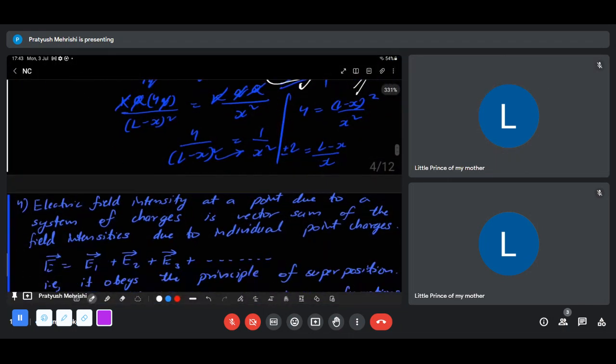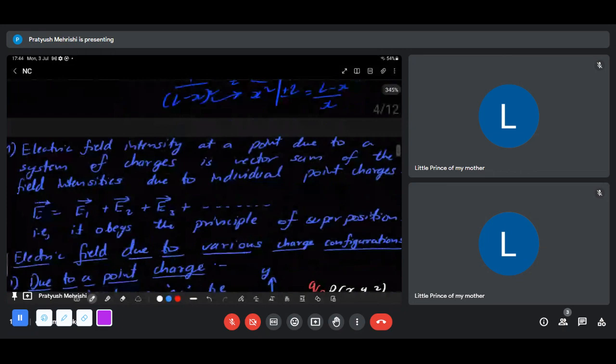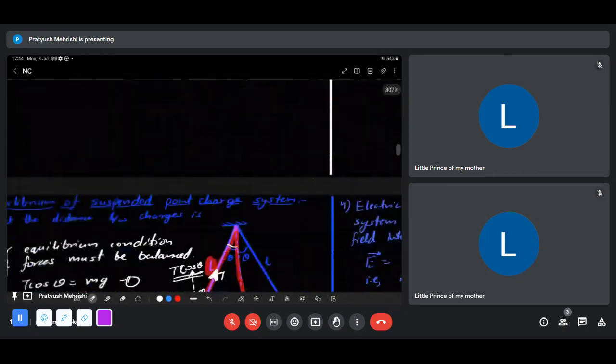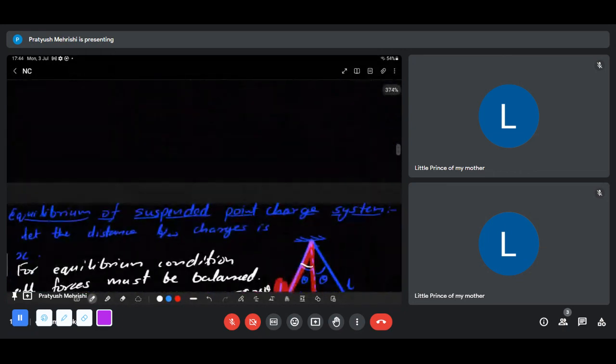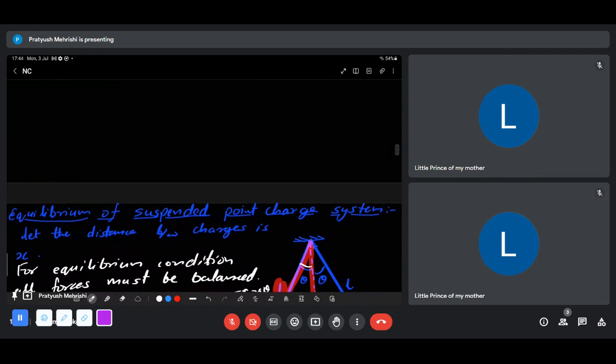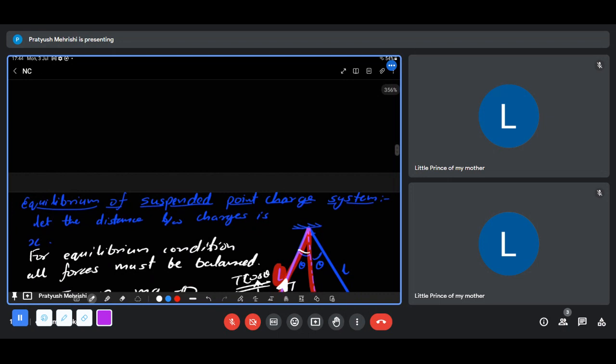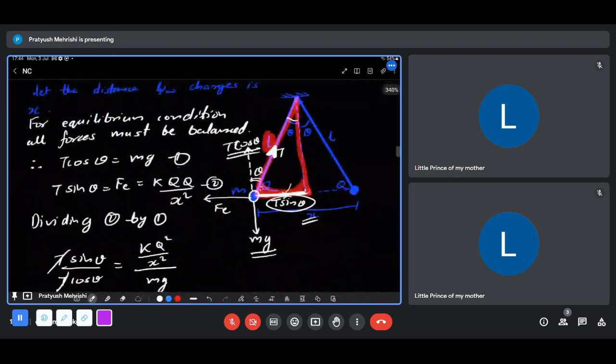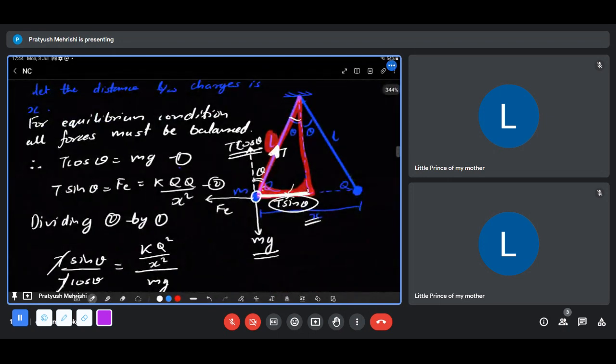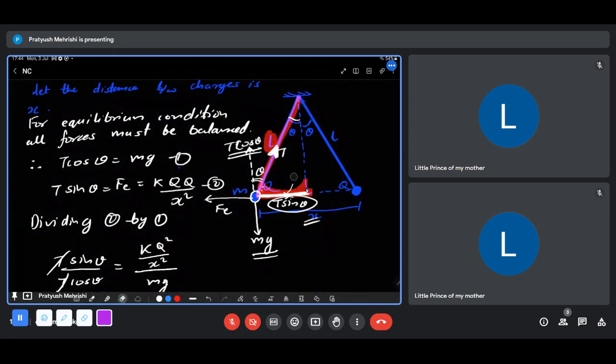Fine. Now, next, let us come upon equilibrium of the suspended point charge system. What is happening here? Two point charges are there, and these two charges were hanging through a wall as shown.